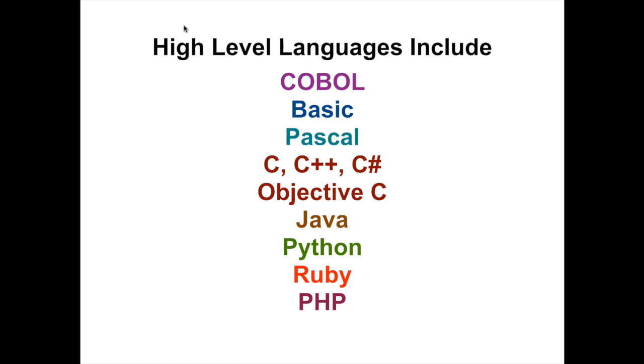Now, there are lots of high level languages at this point. COBOL, one of the oldest, BASIC, Pascal. There are a number of C languages that have all sort of derived from the original C language. Java, Python, Ruby, PHP, and there's more that I don't have listed here. There are lots of high-level languages, and all of them kind of work differently, like other languages in the real world, right?